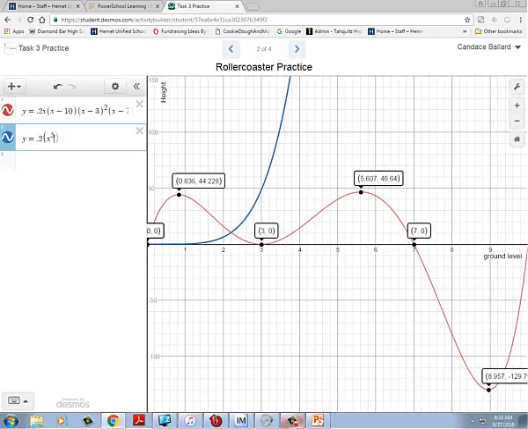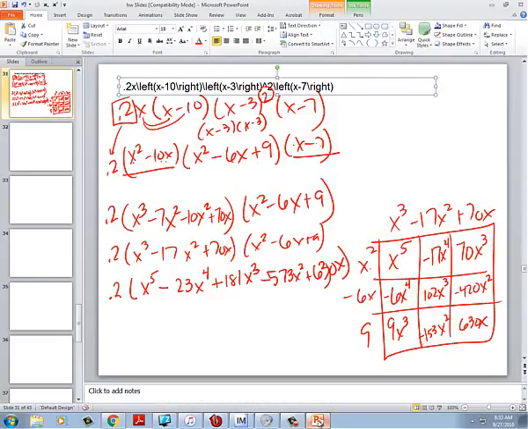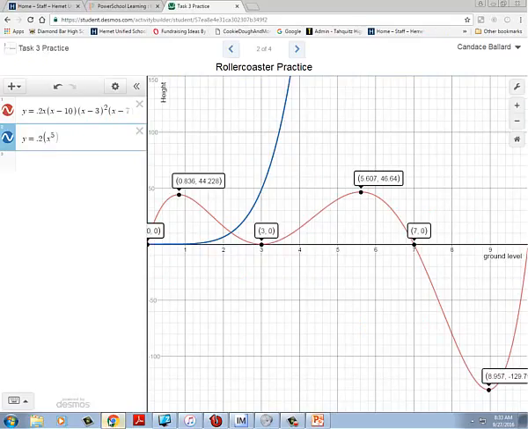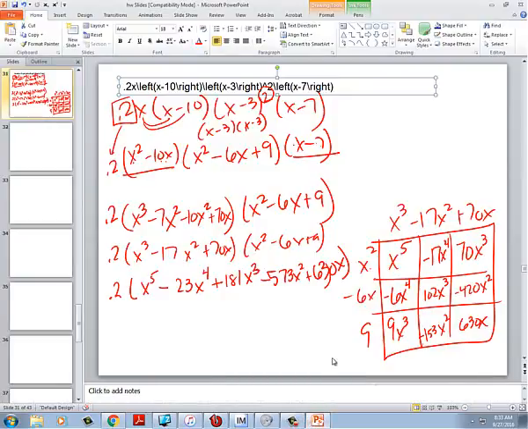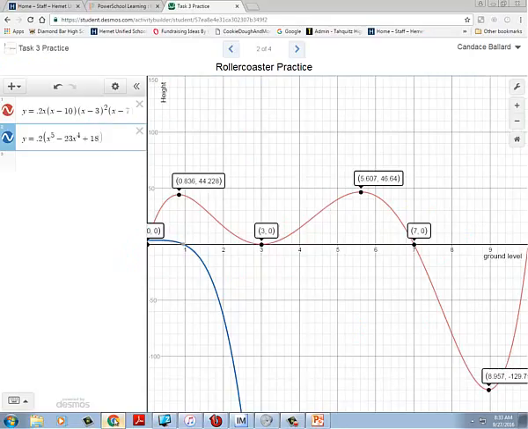Then, let's see, what was next? Negative 23, positive 181 is my next two. So minus 23x to the 4th, plus 181x cubed.